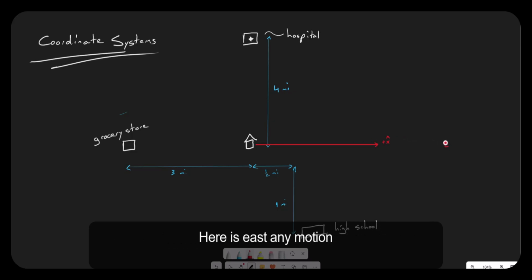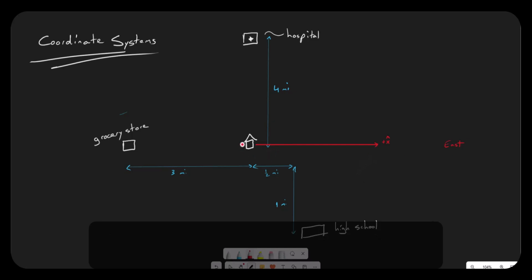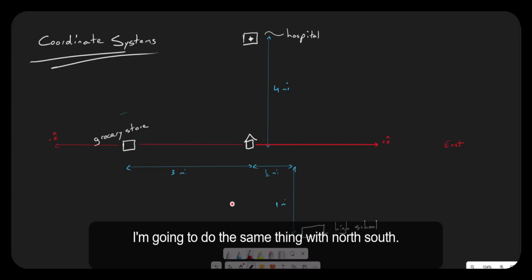So here is east. Any motion toward the east I'm going to count as positive x motion. So any motion toward the west then is negative x motion.